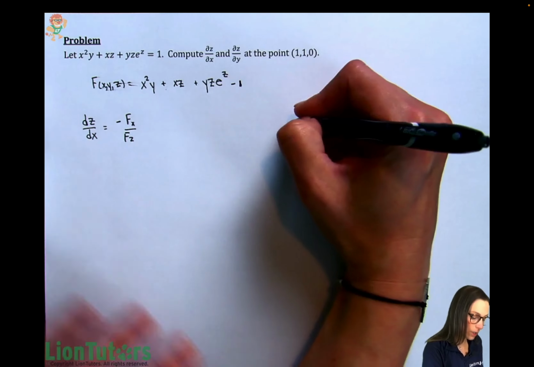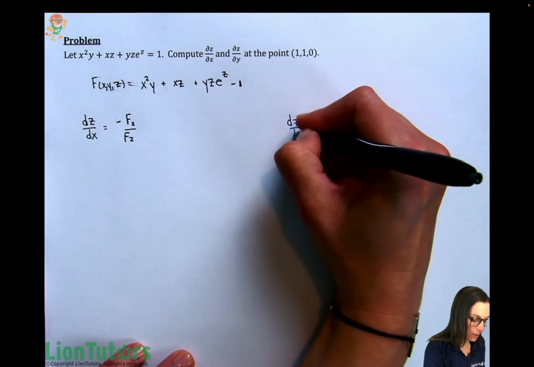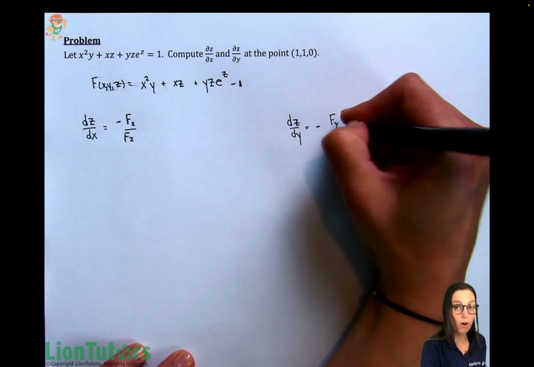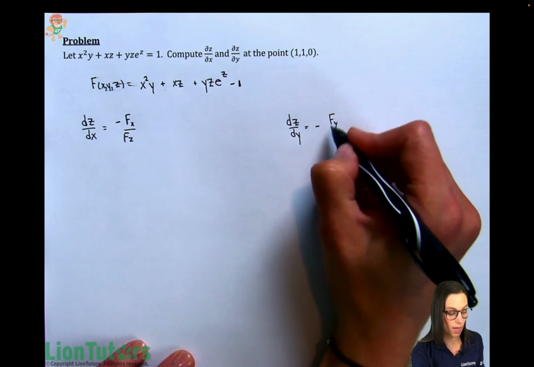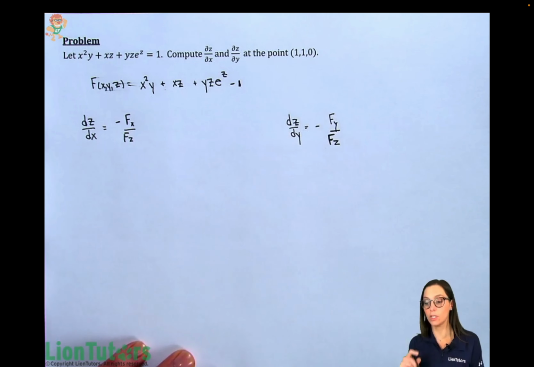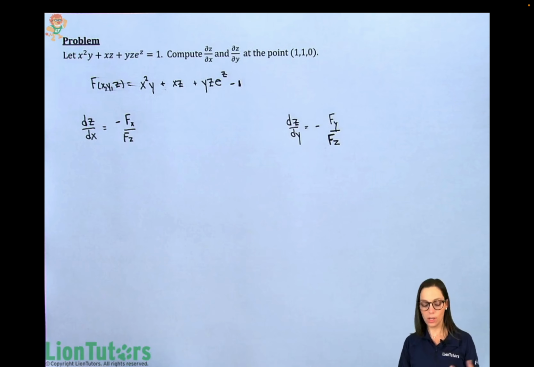And over here, if I wanted to find dz dy, we're going to go negative F of our bottom variable, which is y, over F of our top variable, which is z.